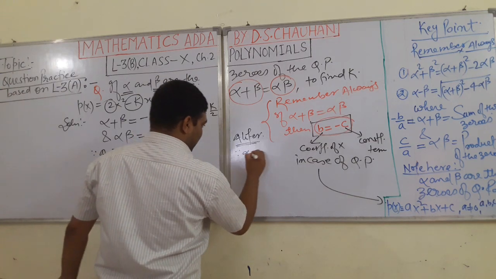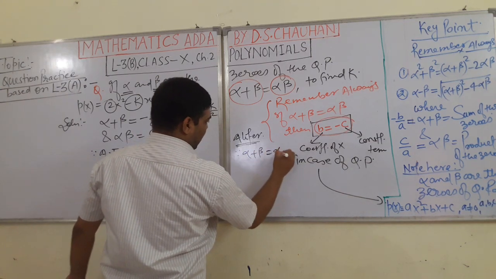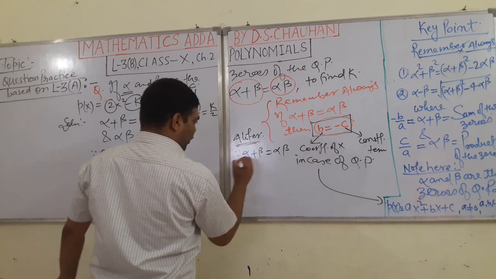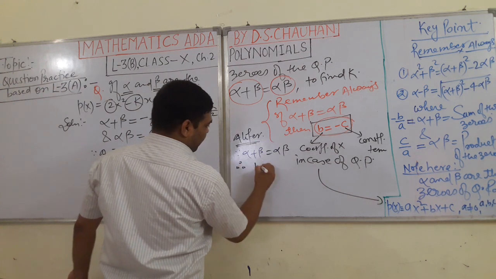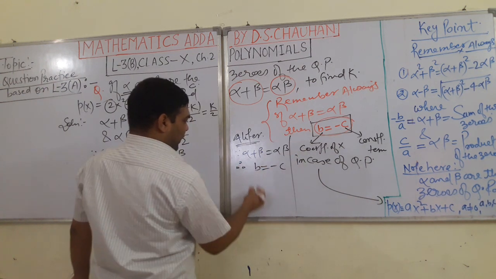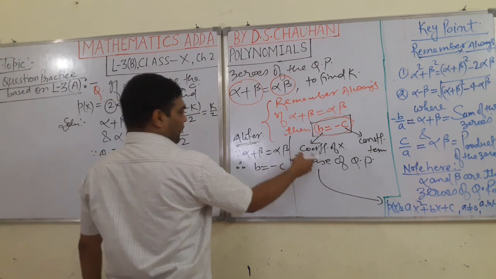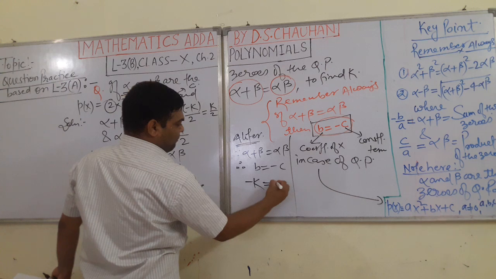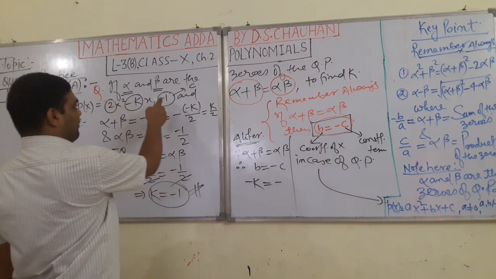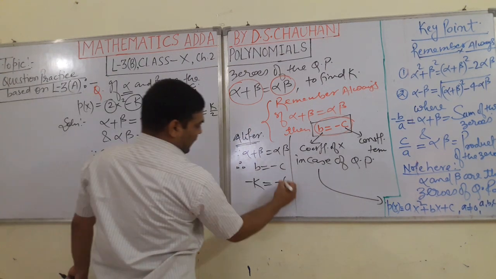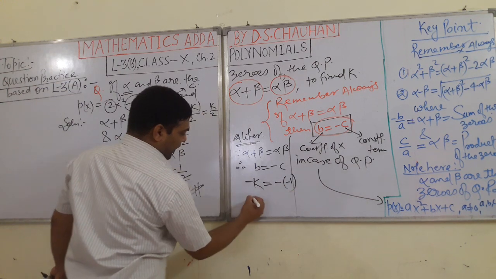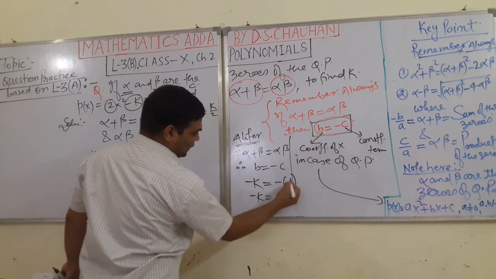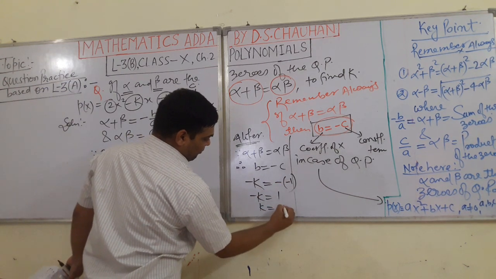Since alpha plus beta equal to alpha beta, we know that b equal to minus c, where b is the coefficient of x, which here is minus k. Put the value, and minus c, where c is the constant term, which is minus 1. Simplify: minus k equal to plus 1, means k equal to minus 1.